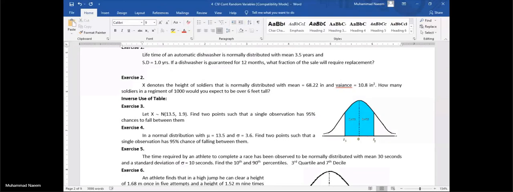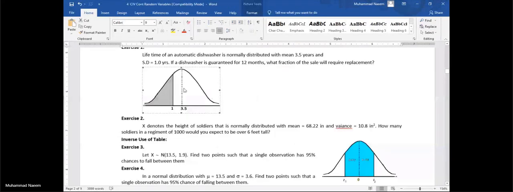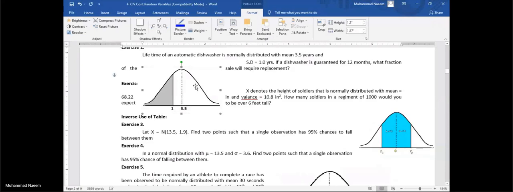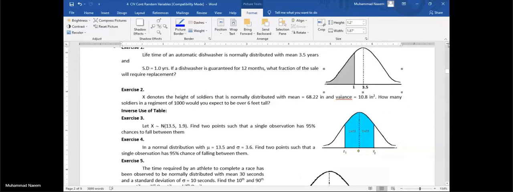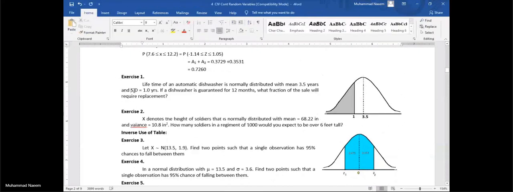So when our information is that our lifetime is normally distributed, quickly draw the diagram and show the mean value. Here we have this mean value, 3.